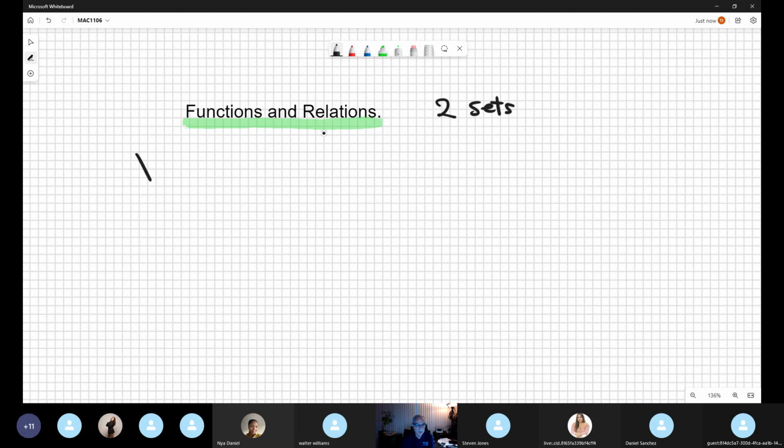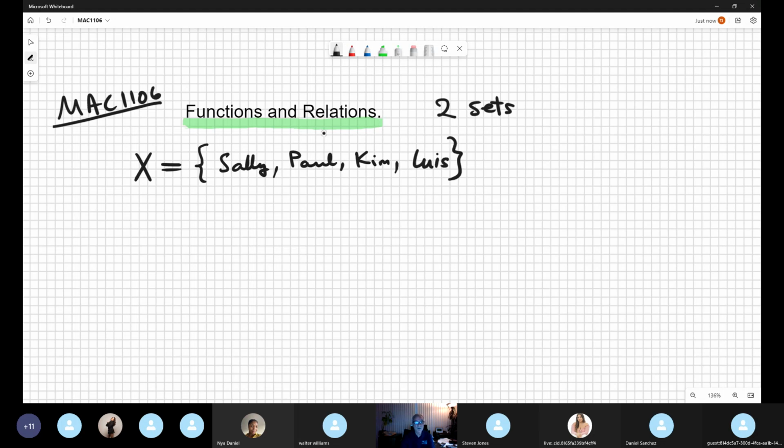Suppose I call it capital X, normally the letter we use to denote a set. It is formed by my students, hypothetical students, who are taking that class, MAC1106, suppose in spring 2021. This is Sally. I separate by commas because these are the elements. Paul, King, and Luis. Okay, this is my first set.